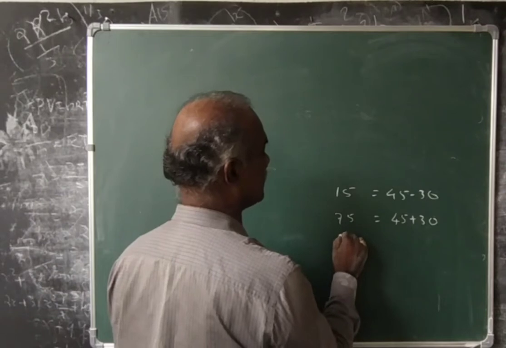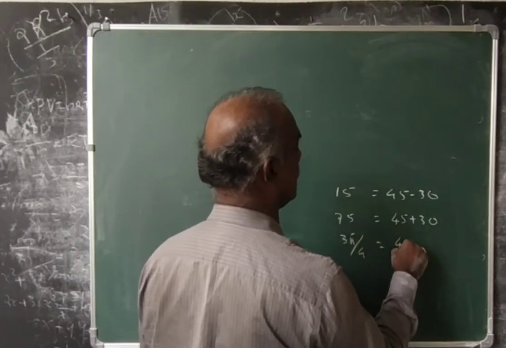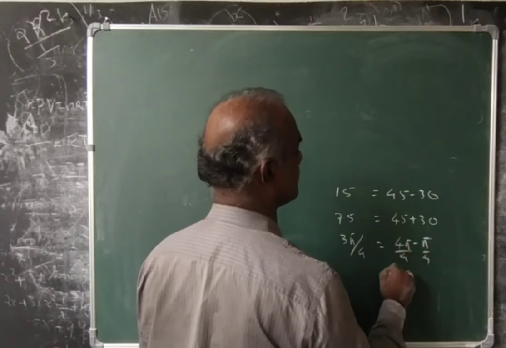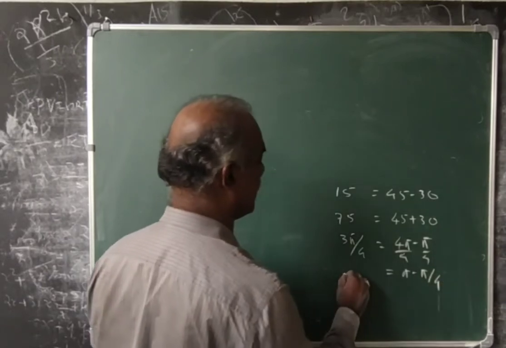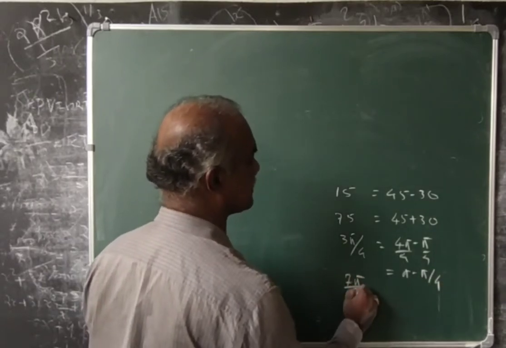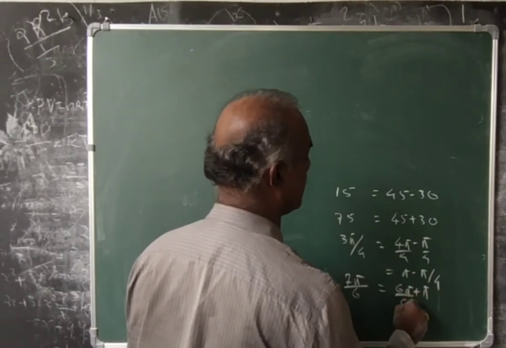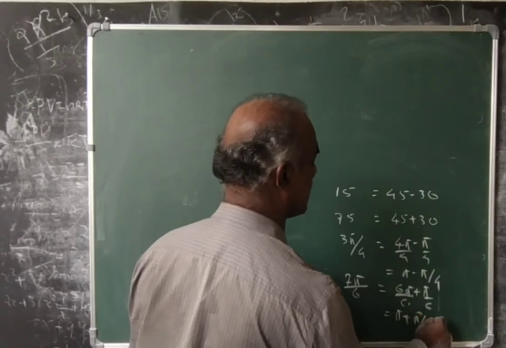If 3 pi by 4 is the angle, we take it as 4 pi minus pi by 4, which is equal to pi minus pi by 4. If you are given 7 pi by 6, it is taken as 6 pi plus pi, both by 6, which is equal to pi plus pi by 6.